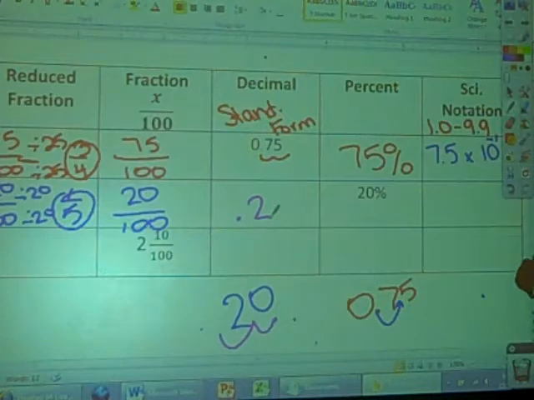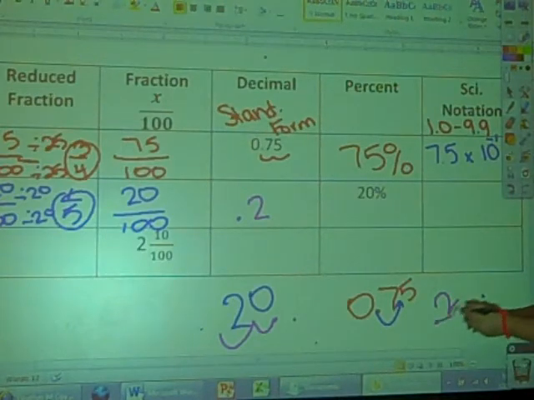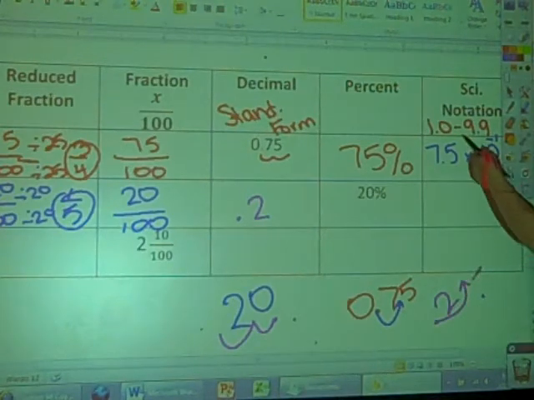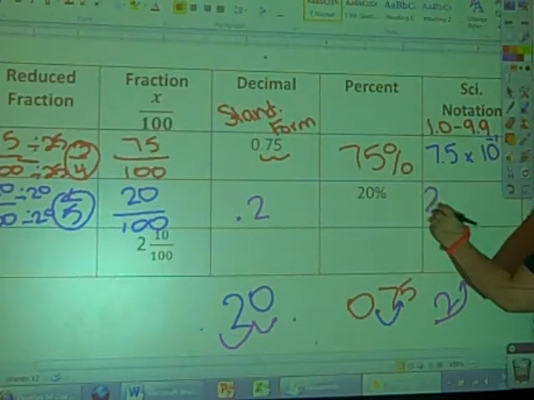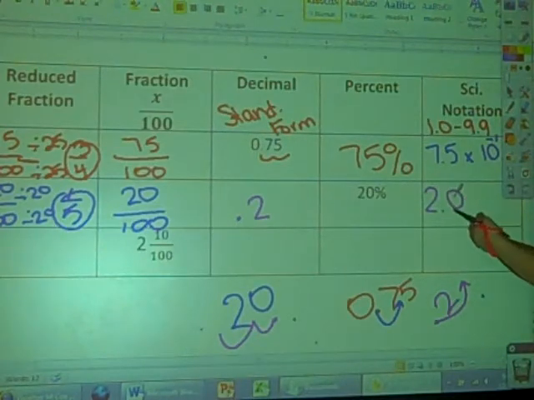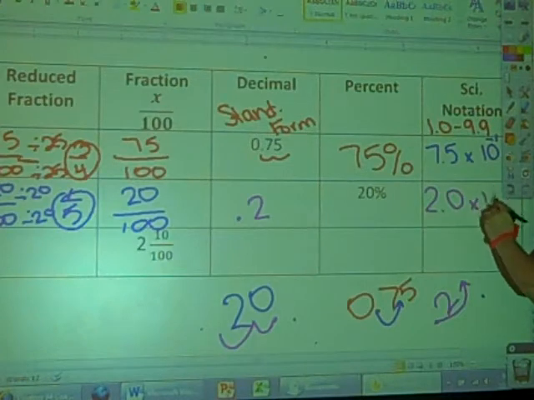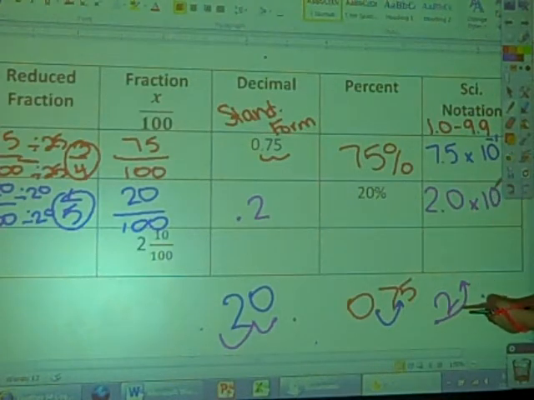And now I need to get it into scientific notation. Let's not forget that the first factor has to be between 1.0 and 9.9. So let's take the number 0.2, and if I move it over 1 time, my first factor would be 2, which does fit in there. I really want to write it as 2.0 because you do want to see a decimal, times 10, went small to large, so 10 to the -1.